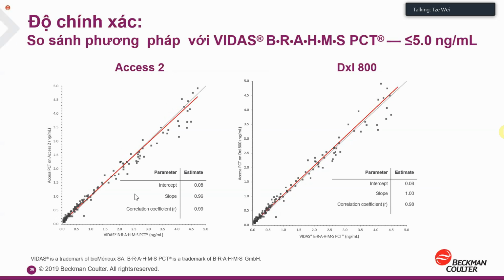But if you look at the lower end, where we're concerned, if you want to look at lower end precision, we look at up to 5 nanograms per mil PCT on the VIDAS BRAHMS assay. Again, you can see that there's very strong correlation across the lower end of the measuring range for PCT. So good correlation at low end between Access PCT and VIDAS BRAHMS PCT, whether it is on the Access 2 platform or on the DXI platform.